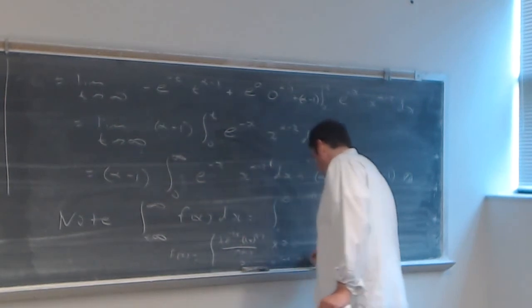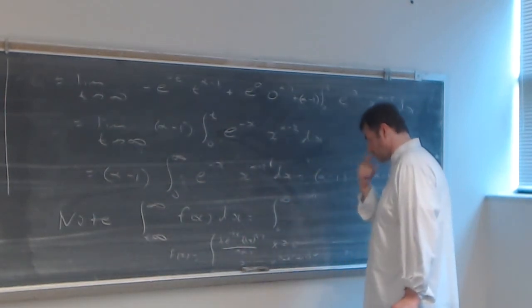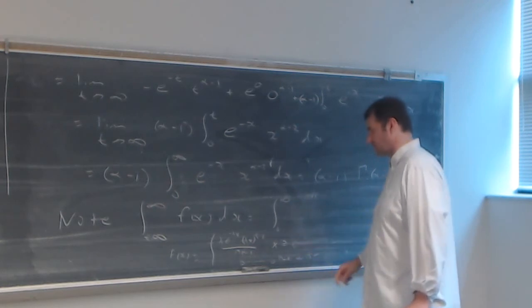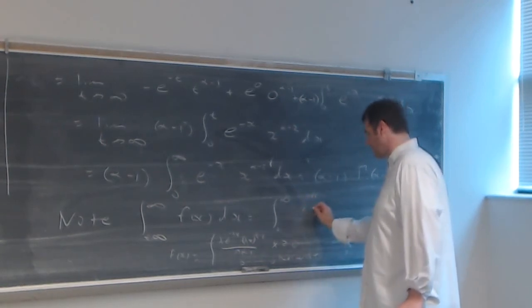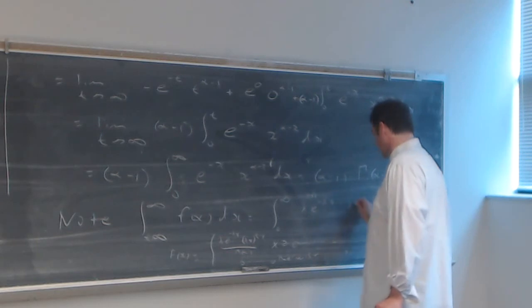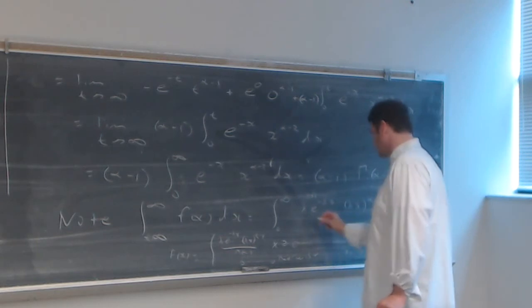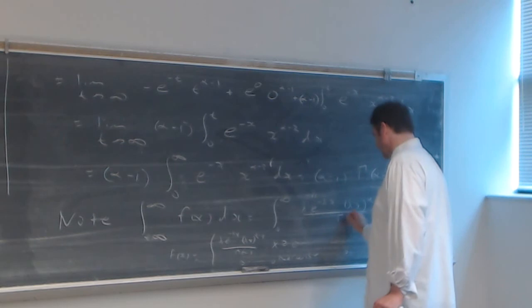And so that's why we can break this integral into an integral just from 0 to infinity, the part where x is positive, of lambda e to the minus lambda x to the alpha minus 1 over gamma of alpha.